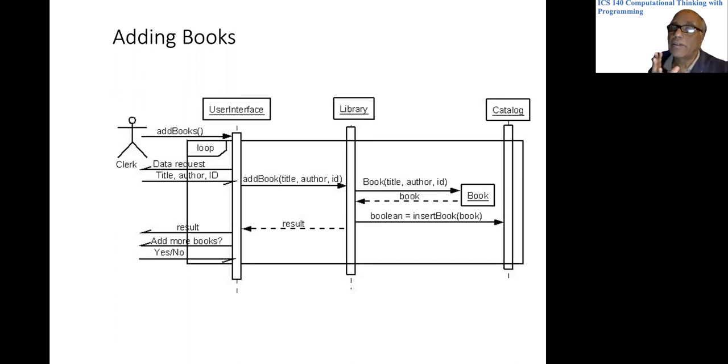Again, we are kind of expecting the person reading this to know that this is done as long as this query, add more books, is answered in the affirmative. If you start putting all the details, then this would be very difficult to read.